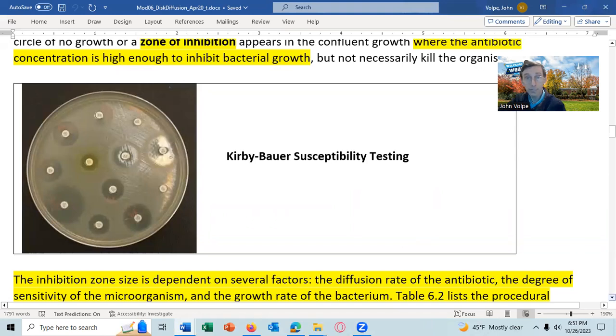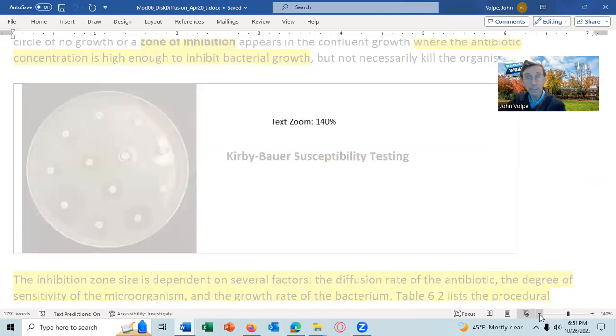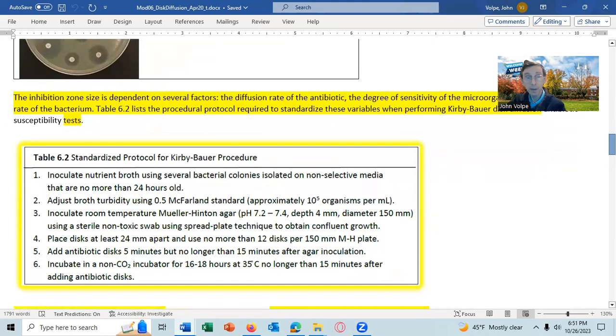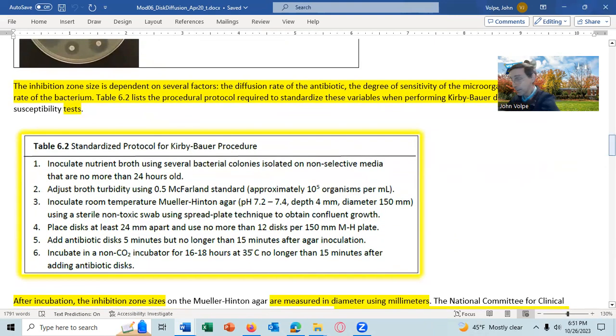Table 6.2 lists all of the factors that we control when doing the Kirby-Bauer test to make the results similar from one test done by one person in one part of the world, so that they will get similar results to another person in another part of the world doing the same Kirby-Bauer test, meaning you're using the same bacteria and using the same antibiotics.